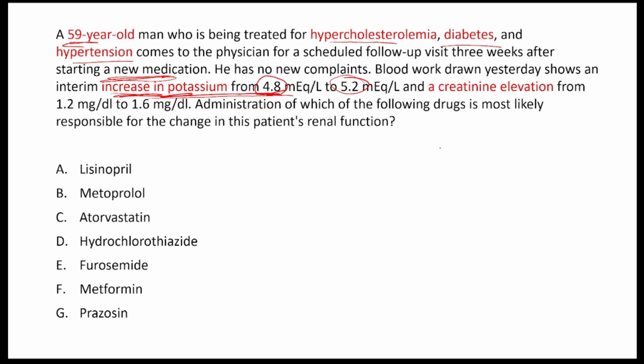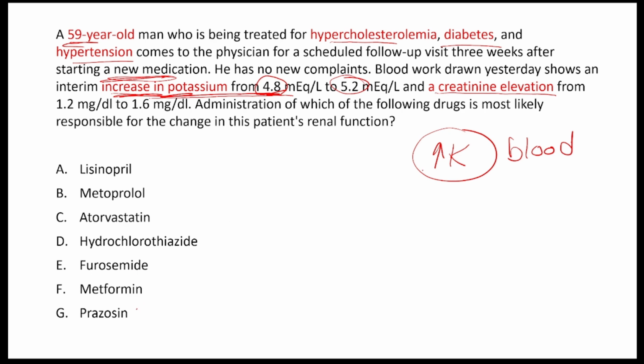So what we have here is an increased potassium level, and an increased creatinine level. Administration of which of the following drugs is most responsible for the change in this patient's renal function? Okay, prazosin.